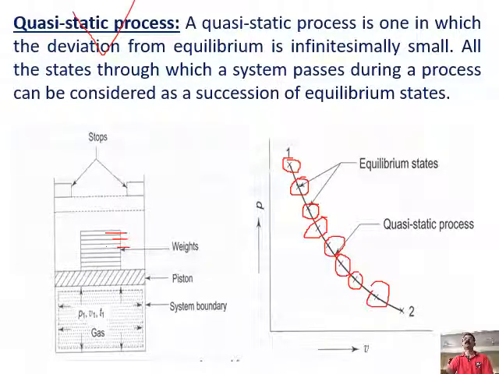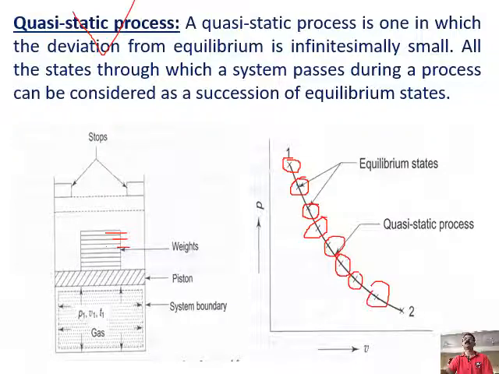So that is the quasi-static process, wherein the deviation from the equilibrium is very, very small, because you removed each of these weights one by one, allowing the system to come to its equilibrium point. So the deviation from equilibrium is very, very small, and all the states through which the system passes are considered equilibrium states. So this is an equilibrium state, this is also an equilibrium state.